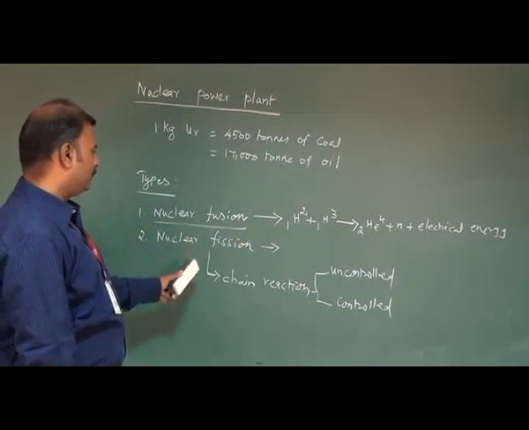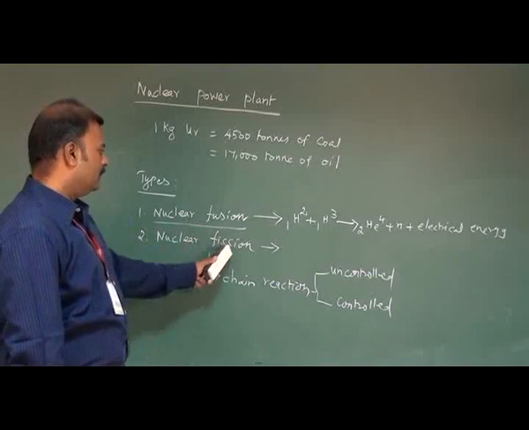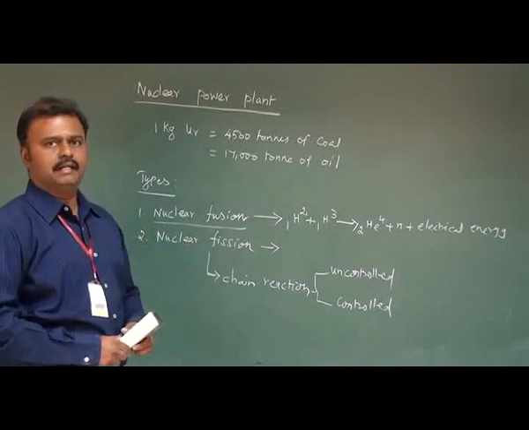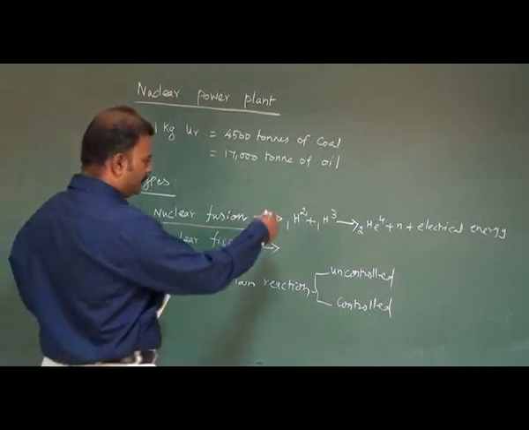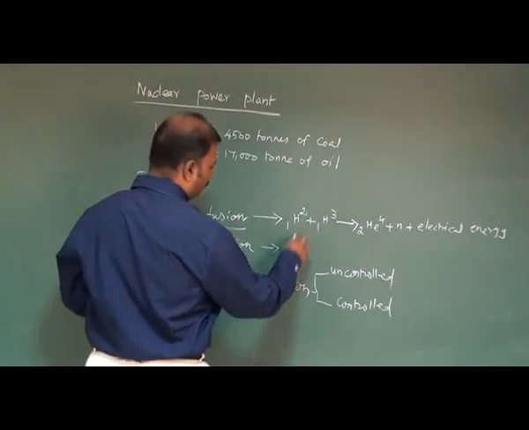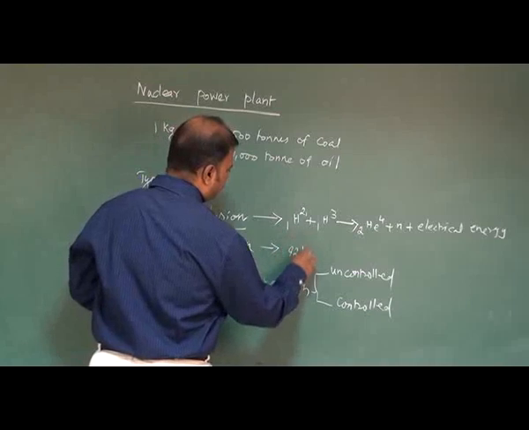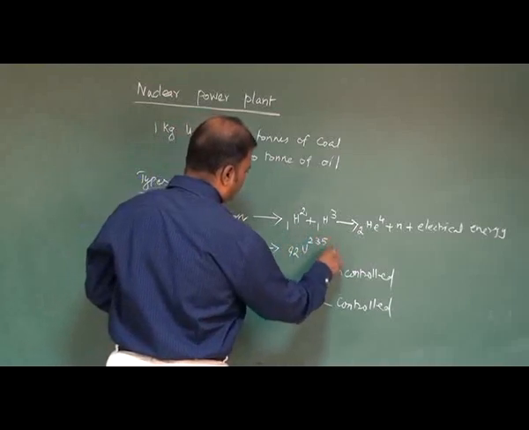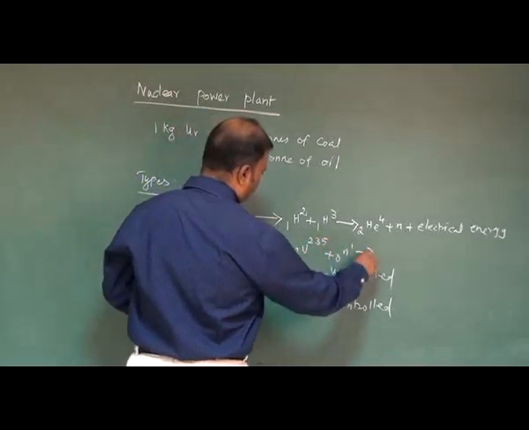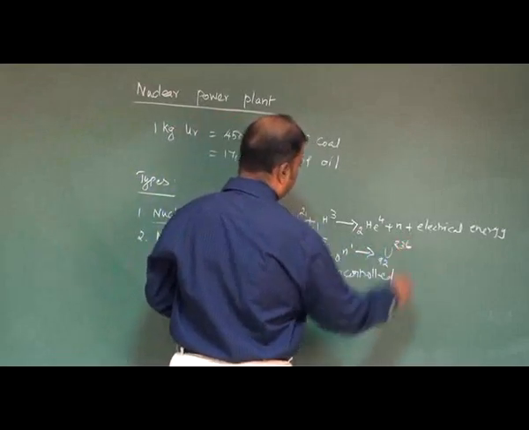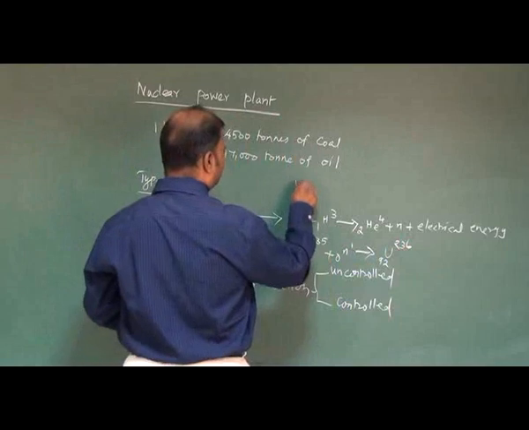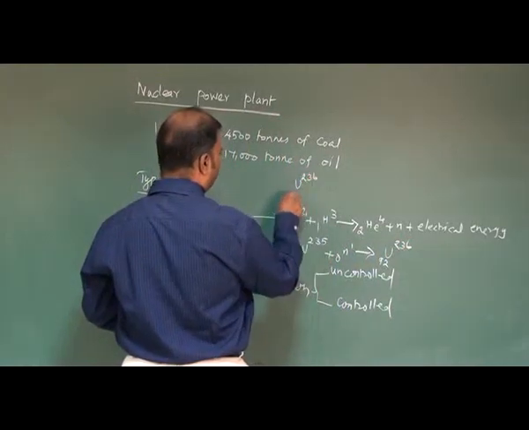When comparing nuclear fusion and nuclear fission, the nuclear fission process liberates a very huge amount of energy. Normally uranium is used as a fuel. So uranium 235 reacts with one neutron and forms uranium 236, which is an isotope.